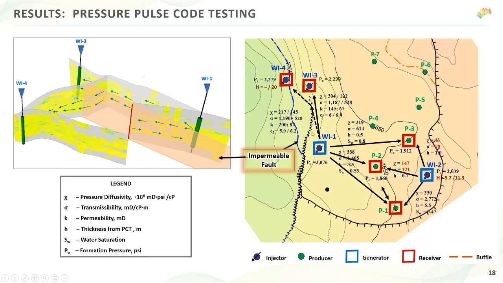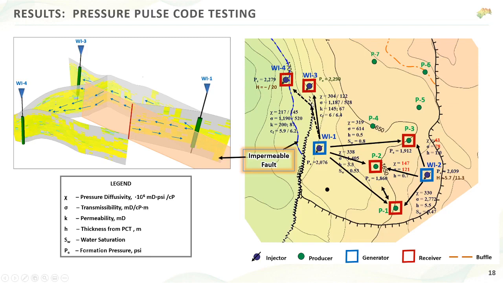This is a limited extension fault, and we can see it with the diffusivity on this interval between well number 1 and well number 4. If the pressure were to travel along the straight line here, the diffusivity would be substantially higher. So we can see that the pressure has to travel around this fault.